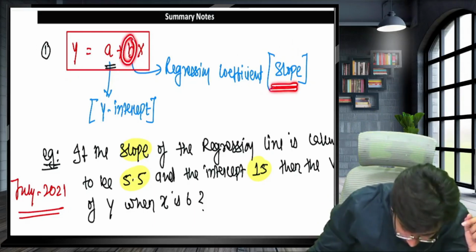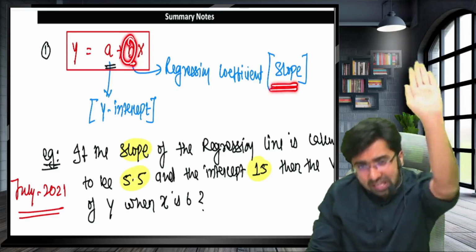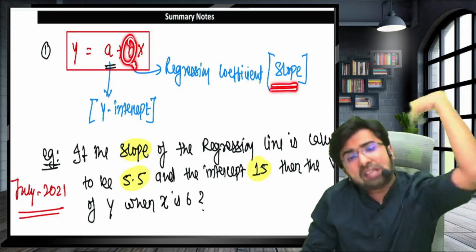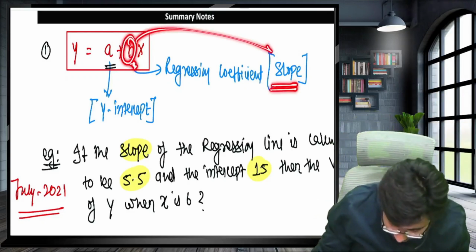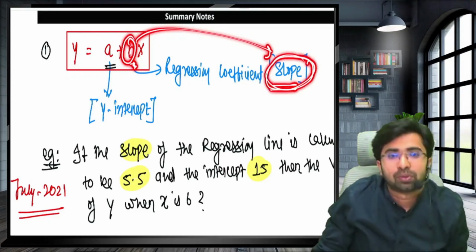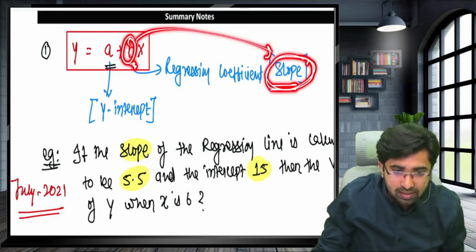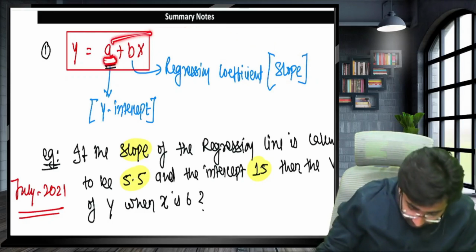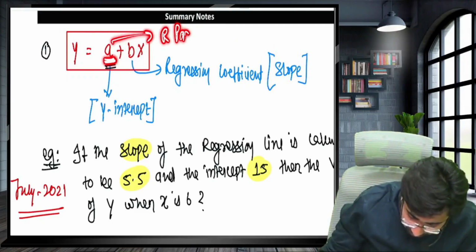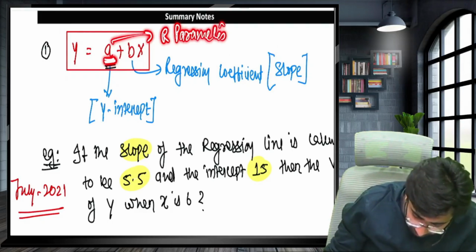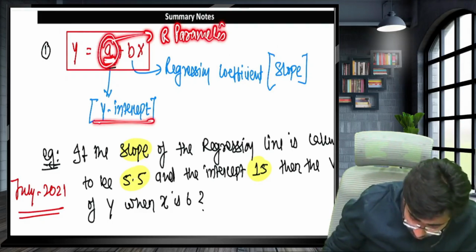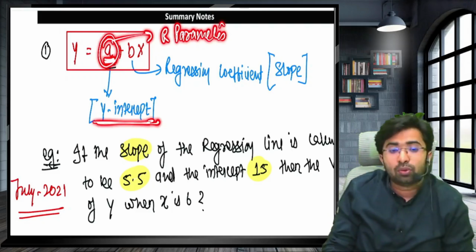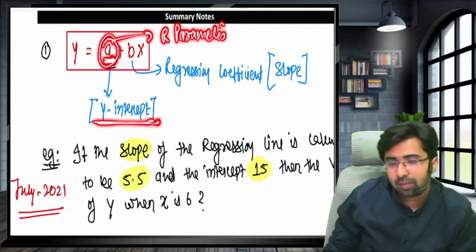So this b is the regression coefficient in terms of statistics, and in terms of mathematics, we say this b is the slope. In case of statistics, this a is the regression parameter, but in case of mathematics, it is known as the y-intercept.